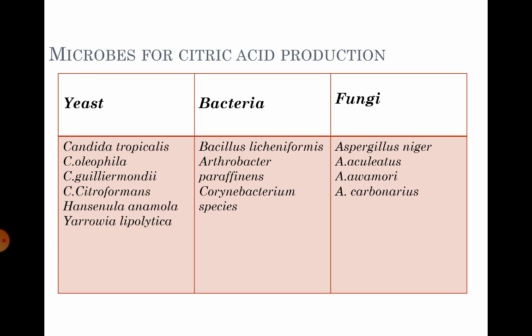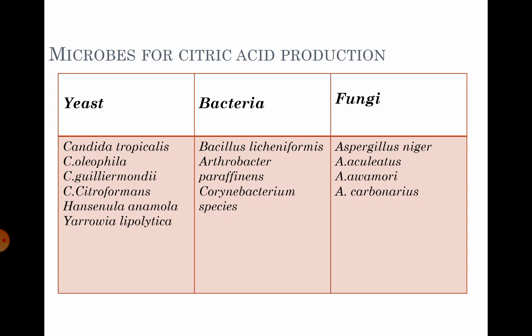The microbes used for the citric acid production are yeast, bacteria, and fungi. The yeast are Candida tropicalis, Candida oleophilia, Candida guilliermondii, Candida citroformans, Hansenula anomala, Yarrowia lipolytica.